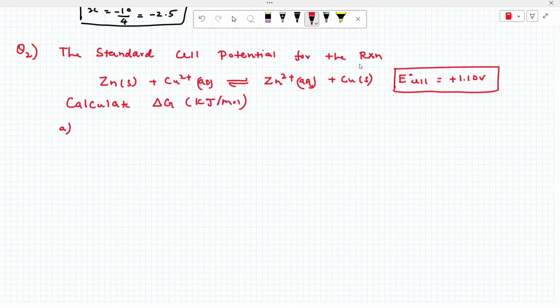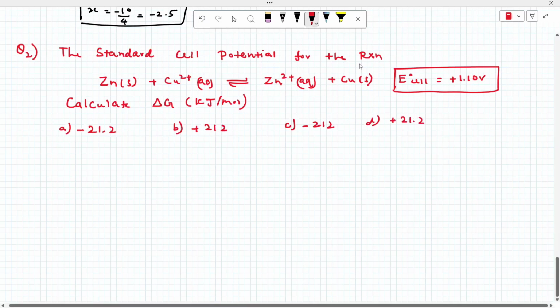Option A: minus 21.2. Option B: plus 212. Option C: minus 212. Option D: plus 21.2. Definitely these two options will not come.